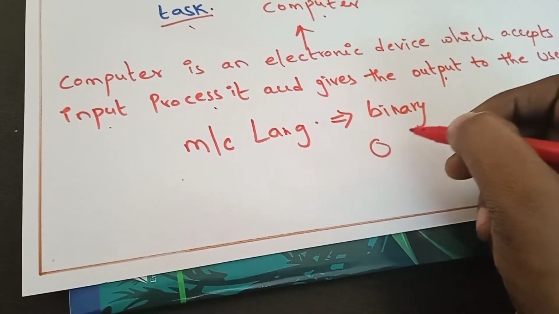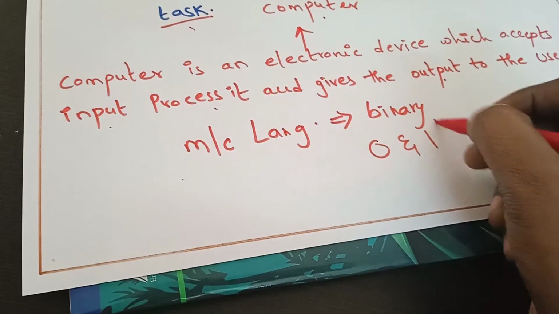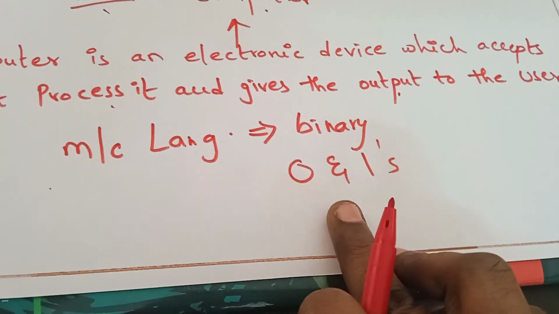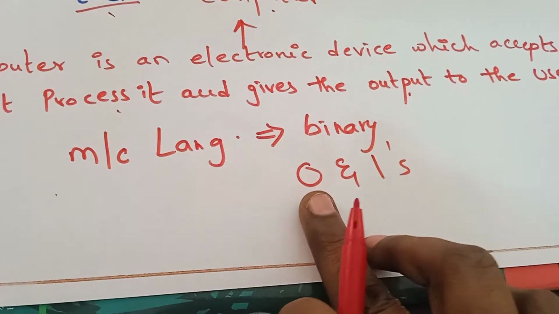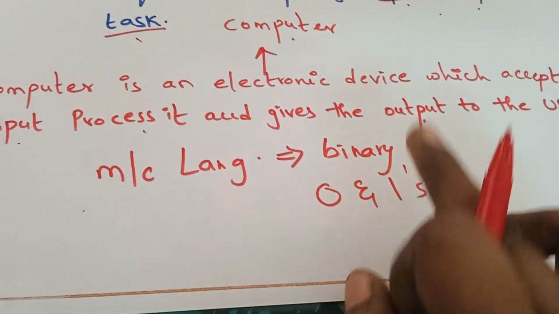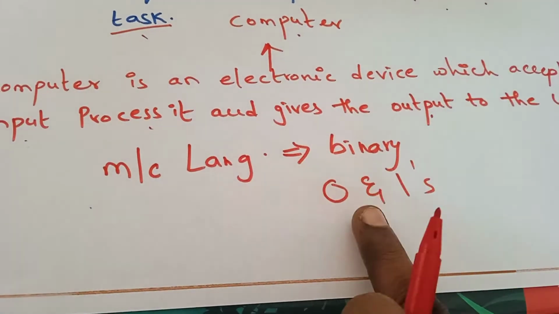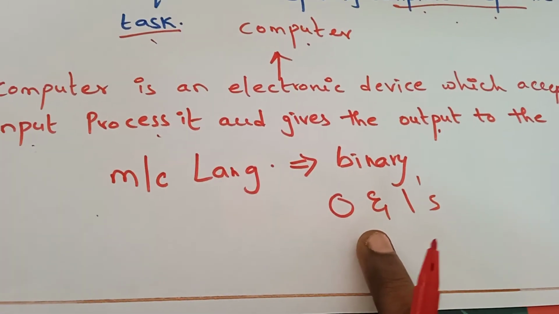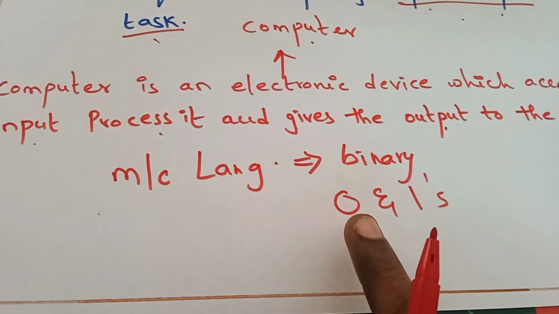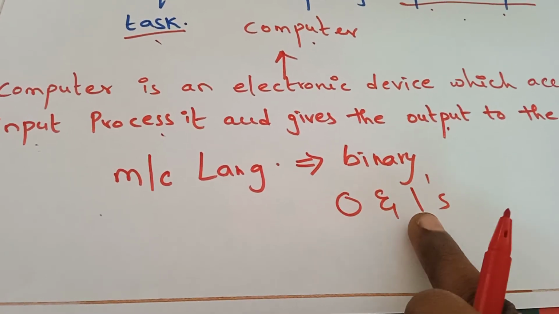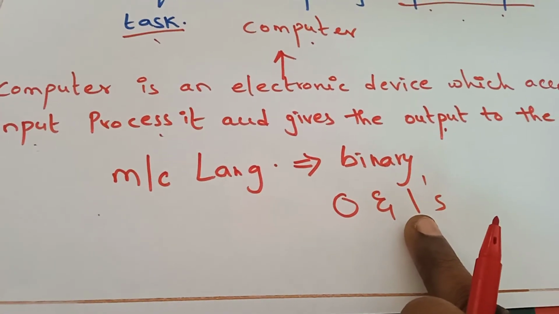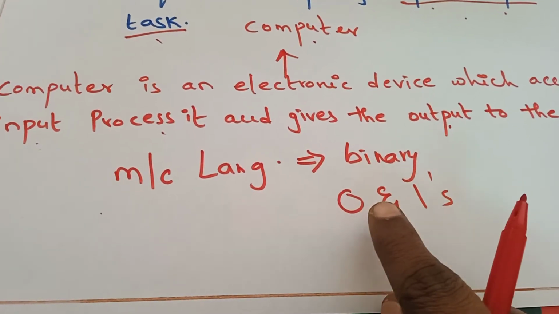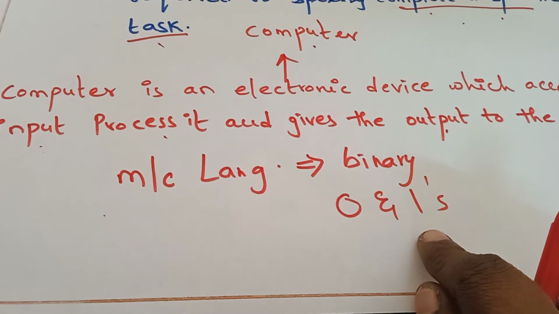The two are 0 and 1. So the input we are giving is in terms of 0 and 1, and the computer will understand only this language. Unfortunately, we cannot speak everything in terms of this. No one will understand sentences written in only zeros and ones.